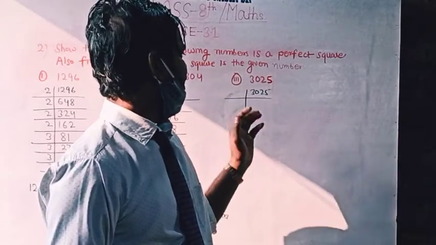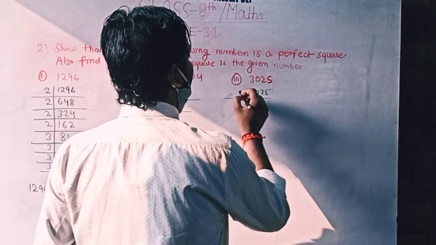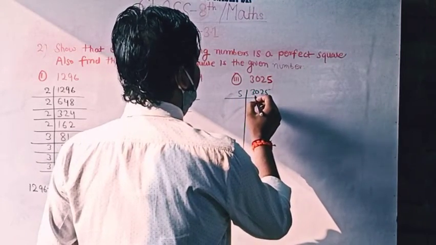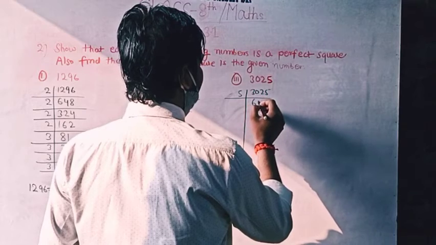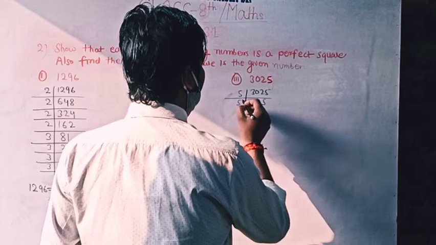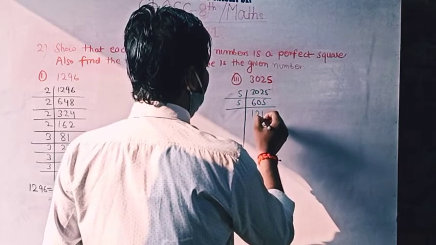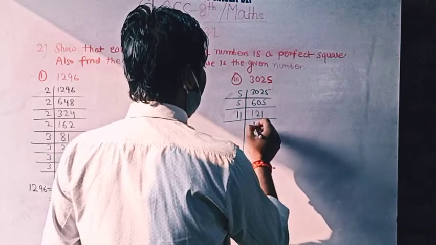So this is divided by 5. 5 6 is 30, and 0. This is 5 5 is 25. Again this is divided by 5. 5 1 is 5, 5 2 is 10, 5 1 is 5, and this is divided by 11.